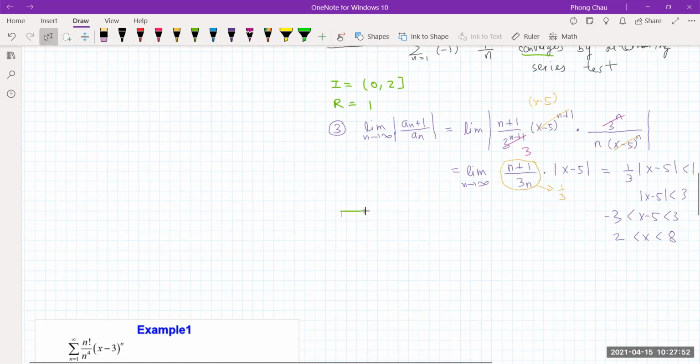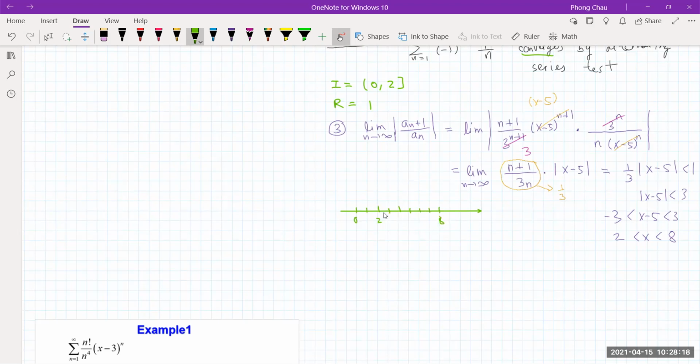Let's see, I have 0 here, 1, 2, 3, 4, 5, 6, 7, 8, so here's the 8.